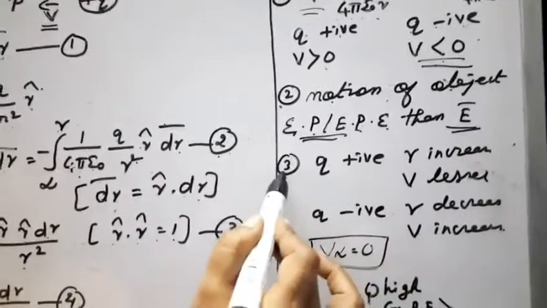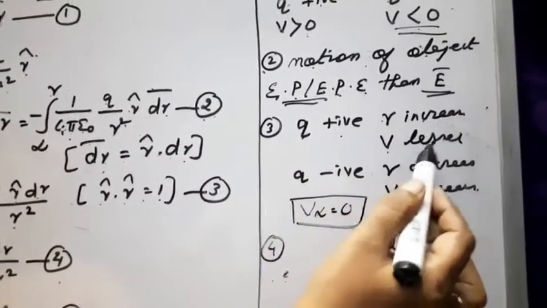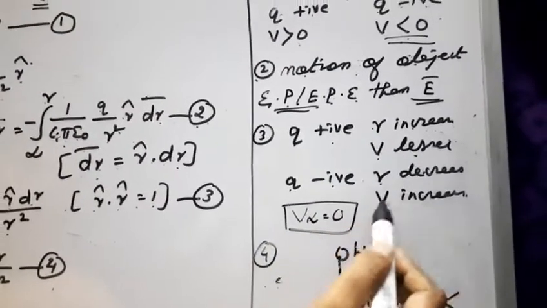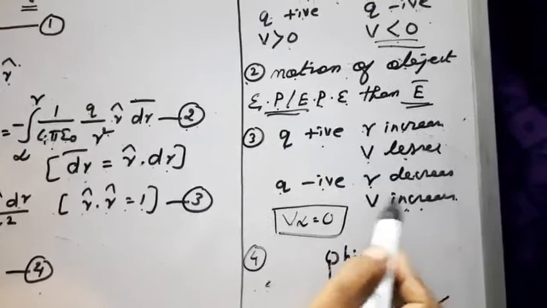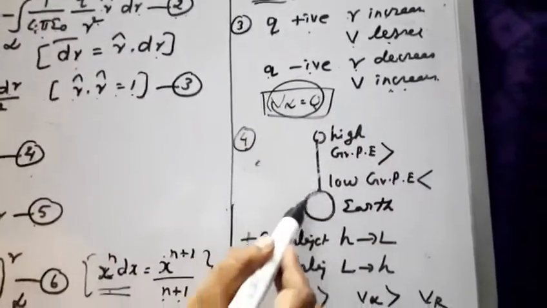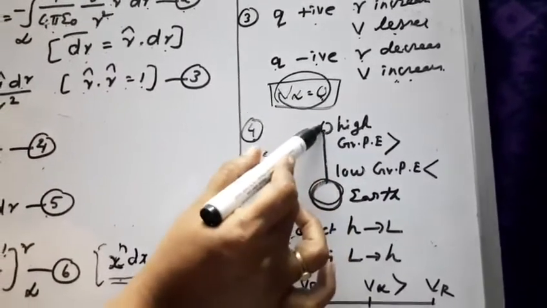Next, if Q is positive, as r increases V becomes lesser. If Q is negative, as r increases V increases, so that V at infinity is 0.